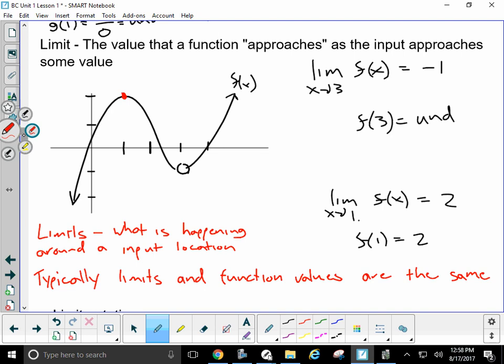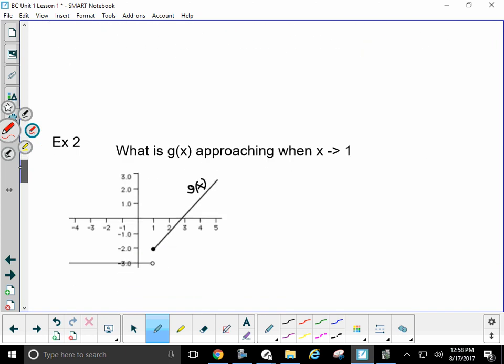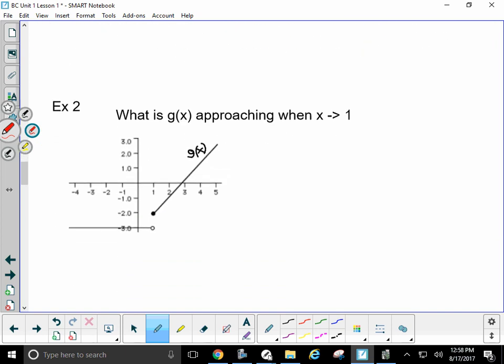Okay, let's look at some other situations. Let's look at this other function, this g of x. It's a piecewise function. Now my question is, what is going on when x is approaching 1? Well, as I'm looking at 1, and I take out what's going on at 1 and look at what's going on around 1, it depends on where I look for what my values are approaching.